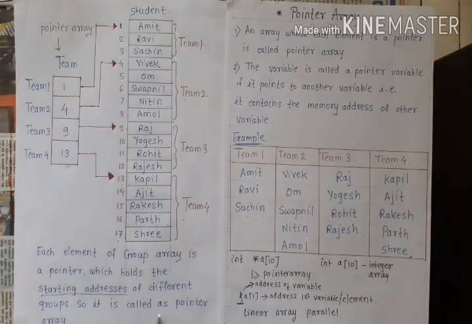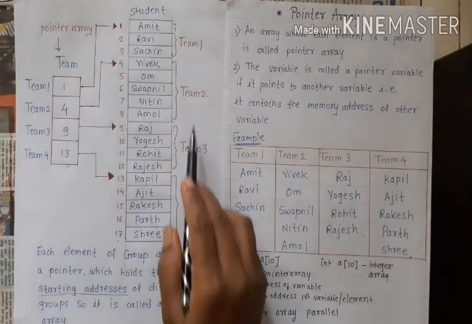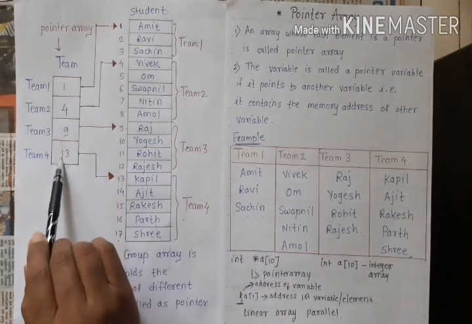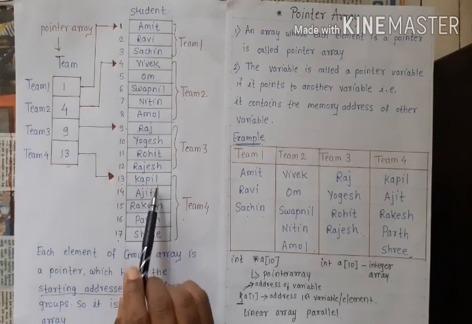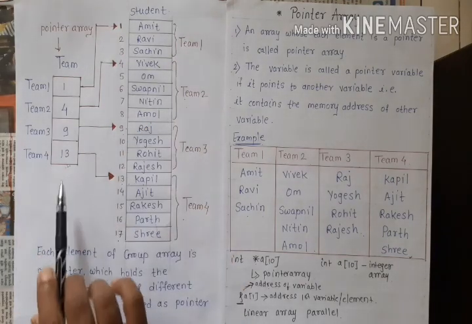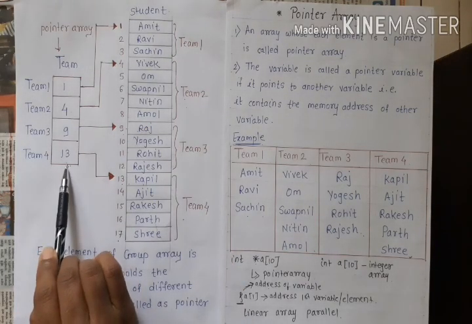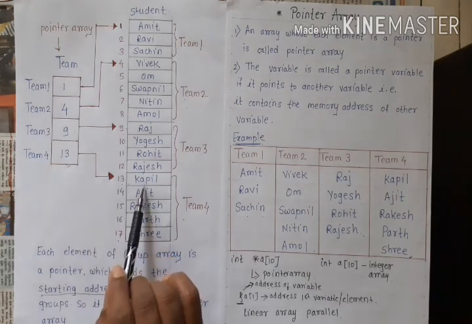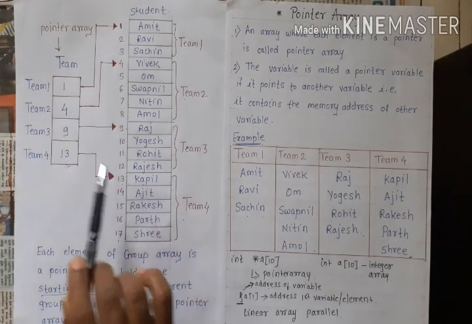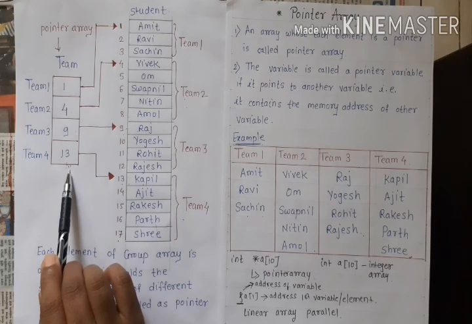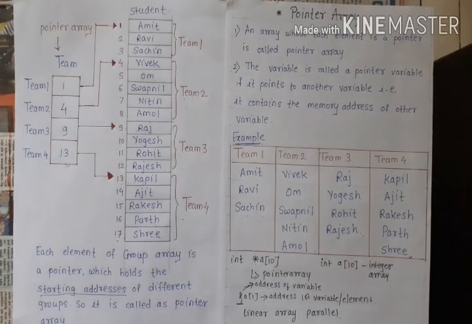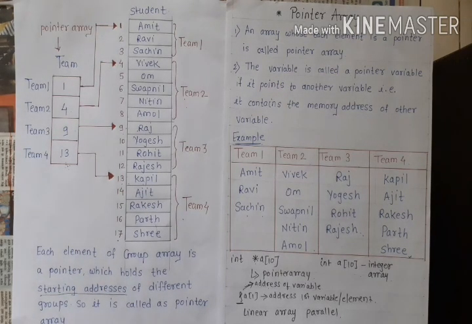So it is called a pointer array. An array is called a pointer array if every element of the array is a pointer.